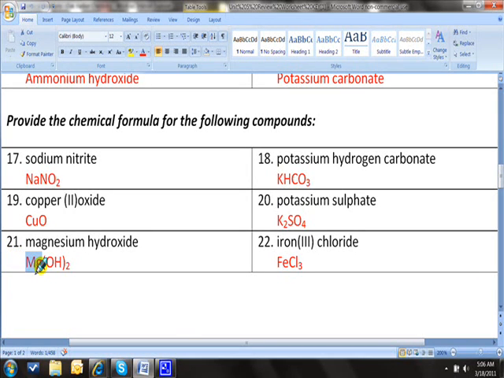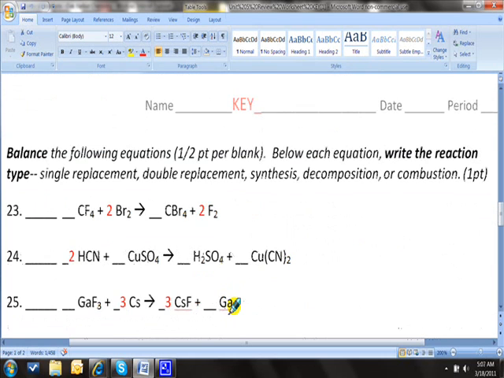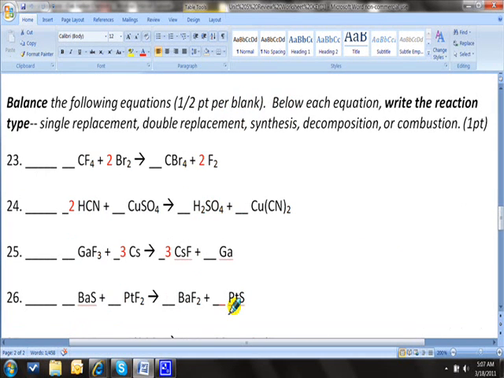Magnesium is +2. Hydroxide is only -1, so I have to have 2 of the hydroxides to give me +2 and -2. And iron 3, remember the iron 3? 3 is the charge of the iron. So since that's plus 3, I need 3 chlorides. So hopefully you'll just work through those with no difficulty. You're pretty familiar with those.